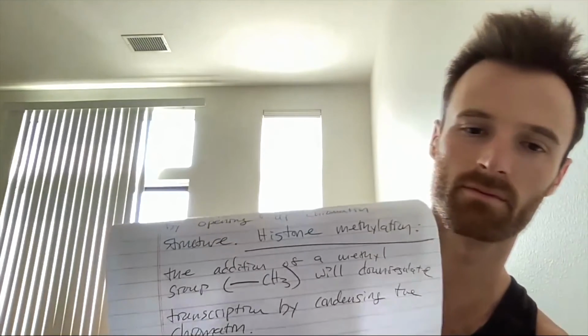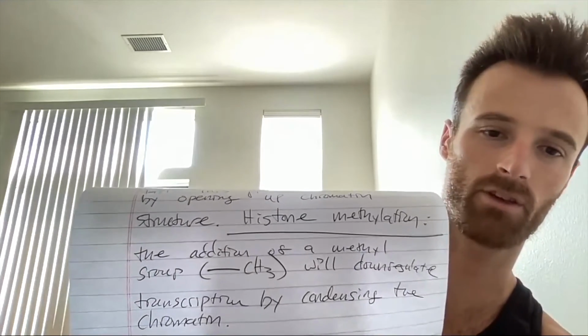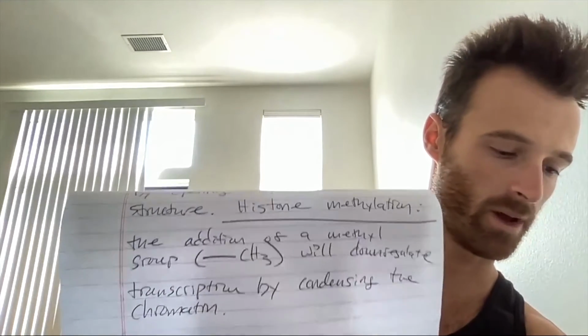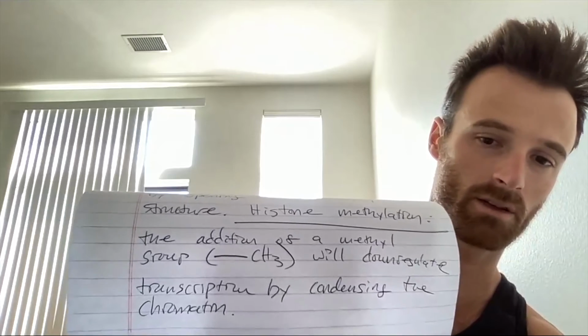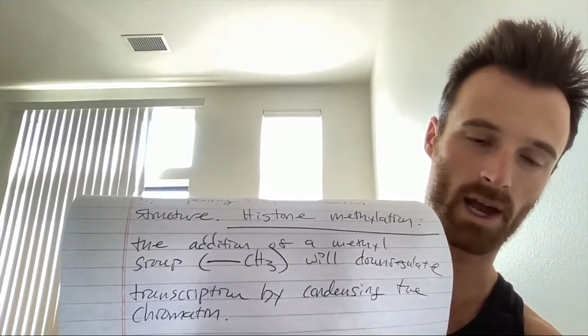And if you guess why, it actually condenses the chromatin rather than opening it up. So histone methylation. Don't worry, I'm going to introduce some colors soon because it's too black and white right now.